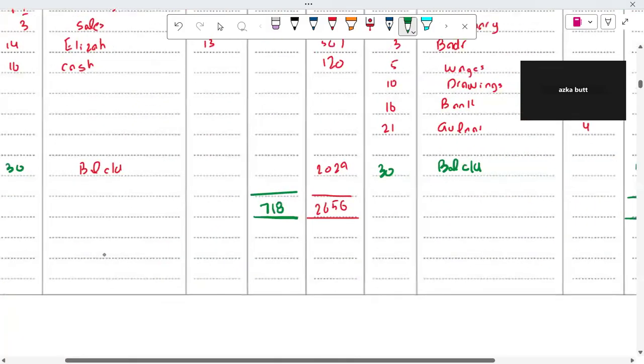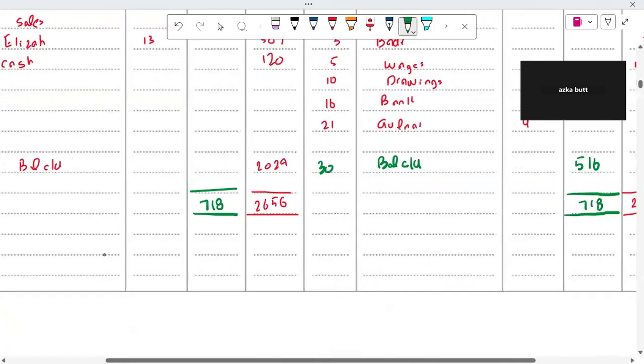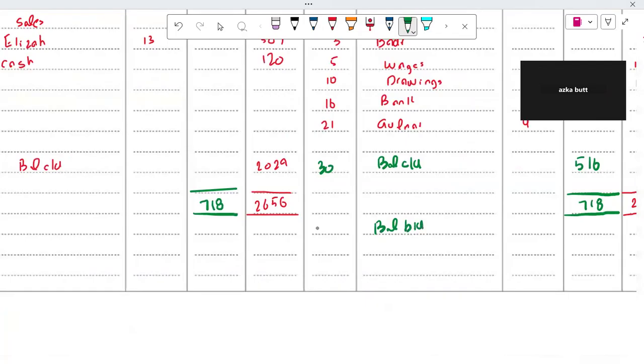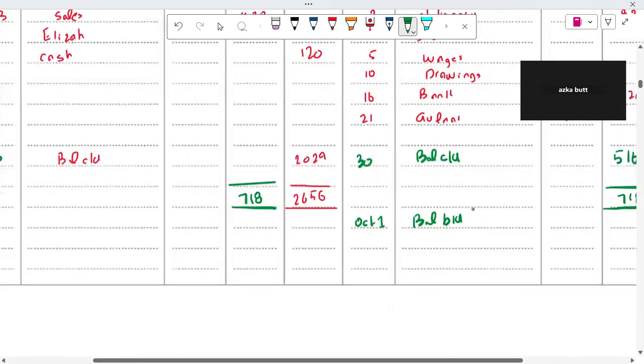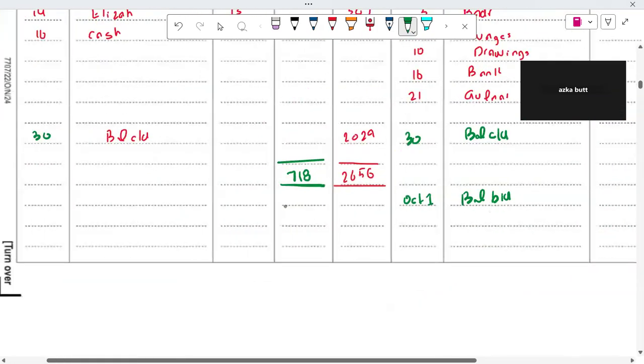So we will transfer 2029 here. And in the cash column, we will transfer 516 here.